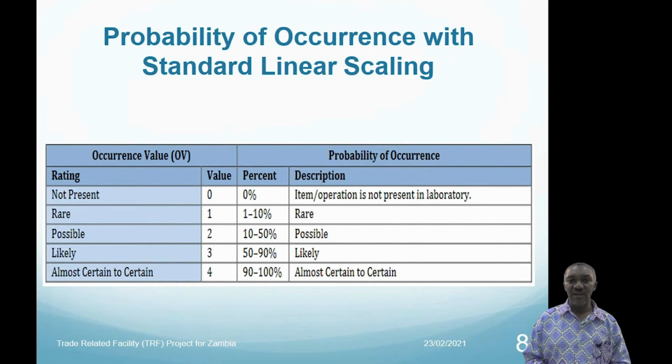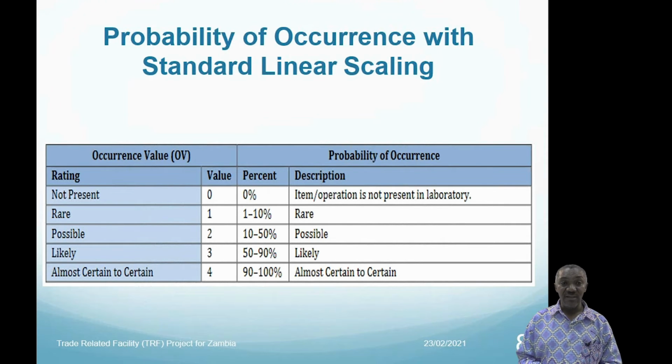Now let's look at this scaling based on the standard linear scaling. On the extreme left, we're talking about the rating, the likelihood of occurrence, the occurrence value. So we have not present, which is 0, rare 1, possible is 2, then likely 3, and almost certain is 4. We are using the Likert scale, and then we can attach percentages in case you want to relate this to quantitative values.